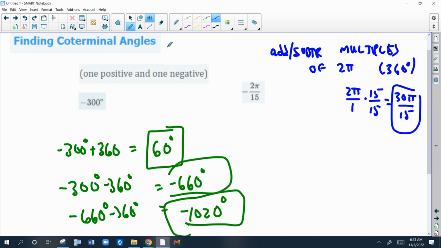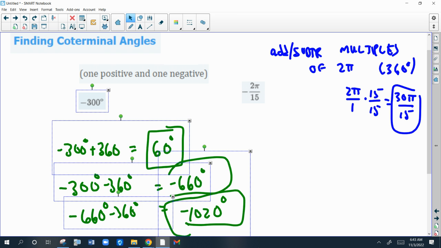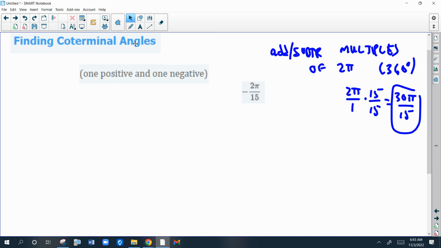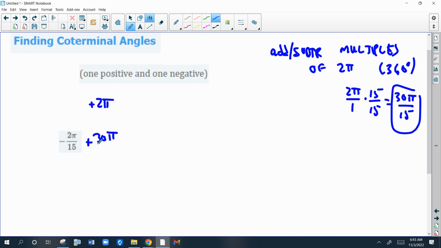So with all that being said, let me get rid of all this and give myself some space here. To find a positive coterminal angle to negative 2 pi over 15, I'm going to add 2 pi, which is the same thing as adding 30 pi over 15.